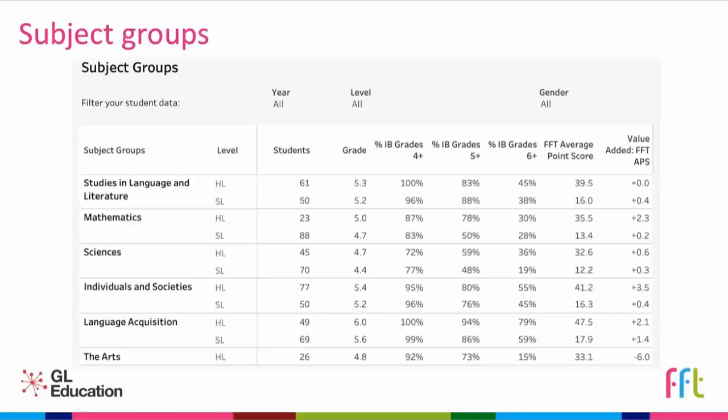So again, you're looking for strengths and areas for improvement, and the value added scores here for each of the subject groups at higher and standard will give you a useful analysis alongside the attainment gaps as well.